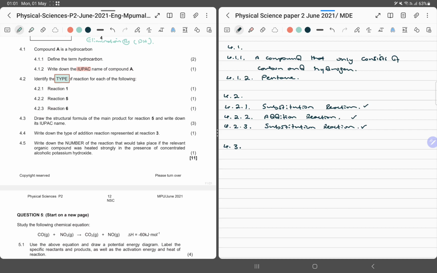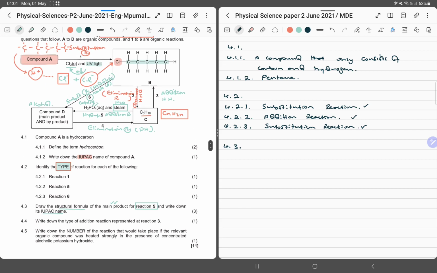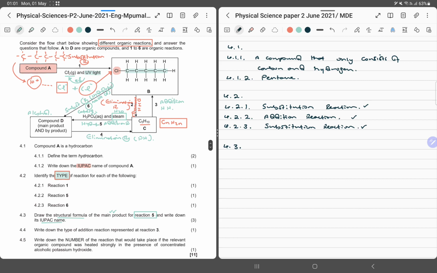The next one says now draw the structural formula of the main product of reaction 5, and write down its IUPAC name. Now let's look at reaction 5. Reaction 5 is basically going to be adding water. It's hydration to this thing.